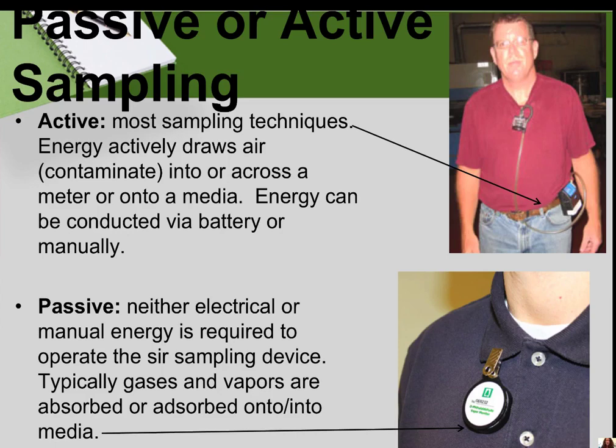Passive versus active sampling. Active sampling, most sampling techniques use active sampling. That's energy draws air or the contaminant through a pump across the media. And the energy can be battery operated or somehow manual. So for example, when you use a Draeger tube, you're manually pulling air, and this is active sampling.